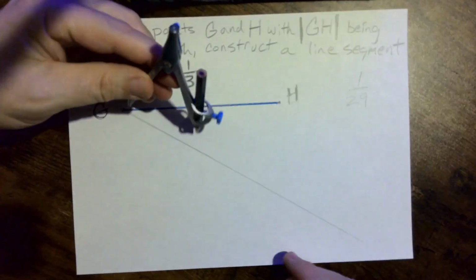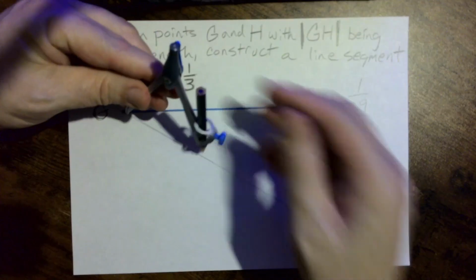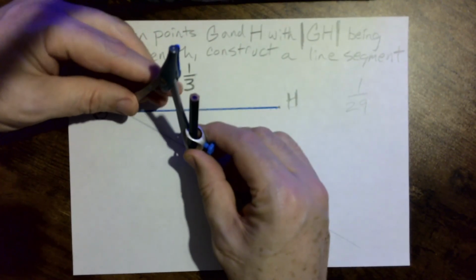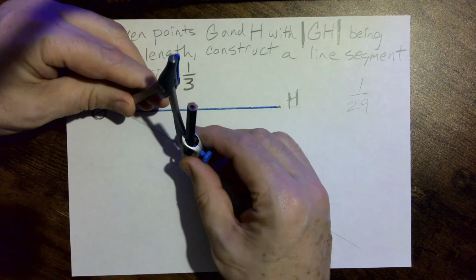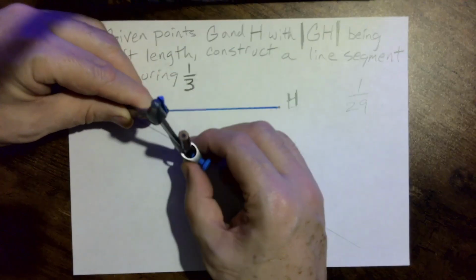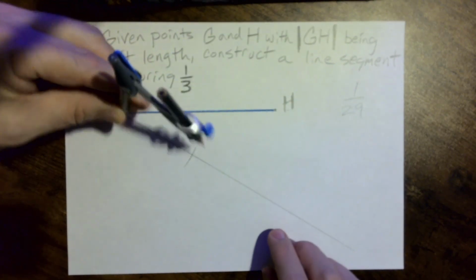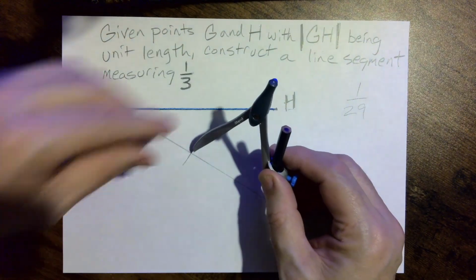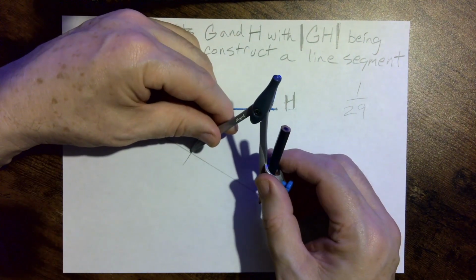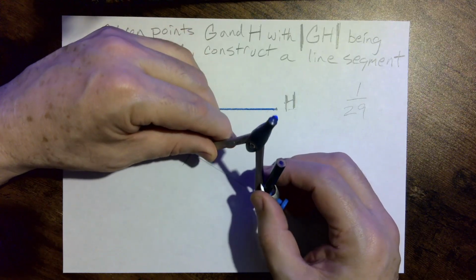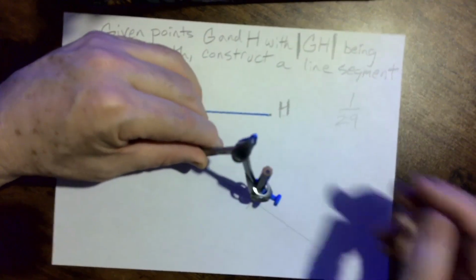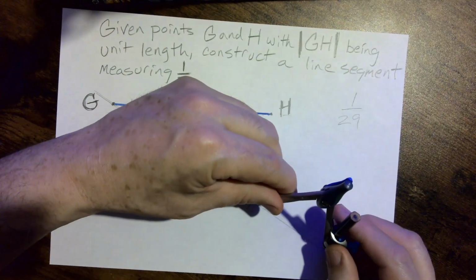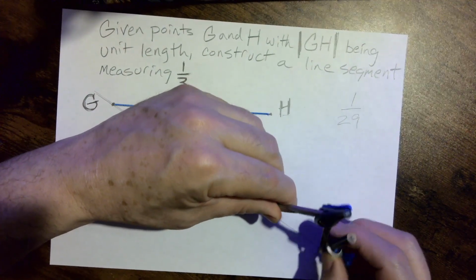And so I'm just going to set it to, I don't know, some distance like so. And I'm going to mark 3 points on this line. Now the way I'm marking these points, the distances between them are the same by construction.